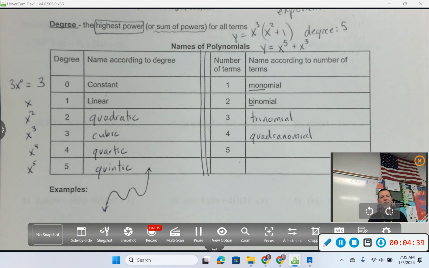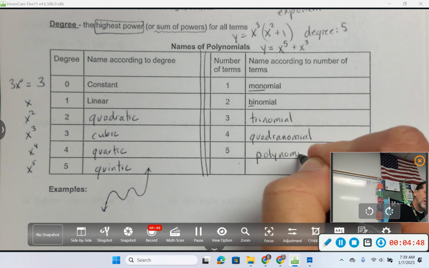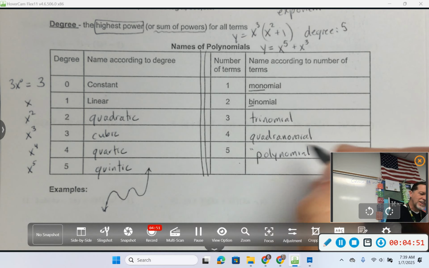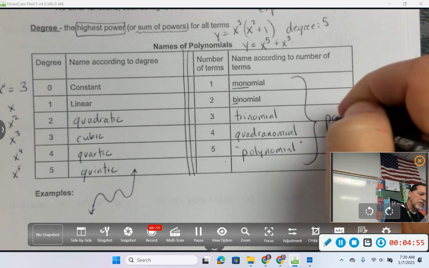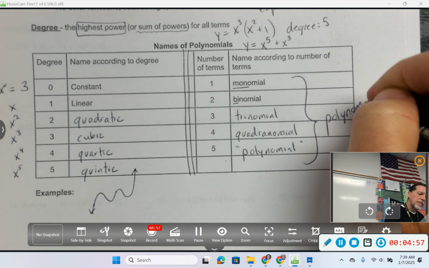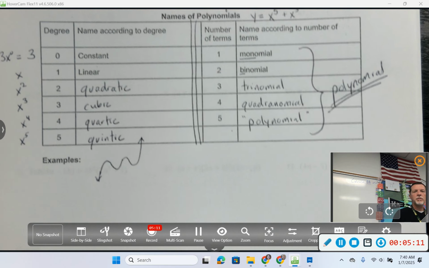And the 5th one, I don't know. Pentanomial, a quintinomial. Let's just keep it quintinomial. Let's just chicken out and call it a polynomial. That's kind of cheating, though, because all of these are polynomials. So you should be careful with that. Even though poly means more than one, a monomial is still a polynomial. I always thought that was a little weird. But polynomial would be all of those.